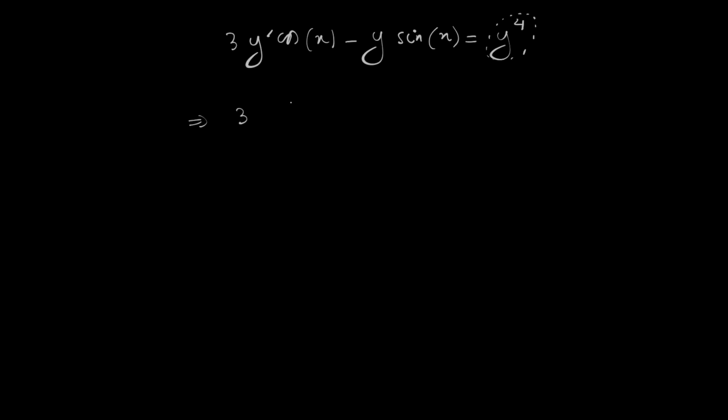Let's apply this to a concrete example. Let's take the equation 3y prime cosine of x minus y sine of x equals y power of 4. First, we divide everything by y power of 4 and we write it like this.